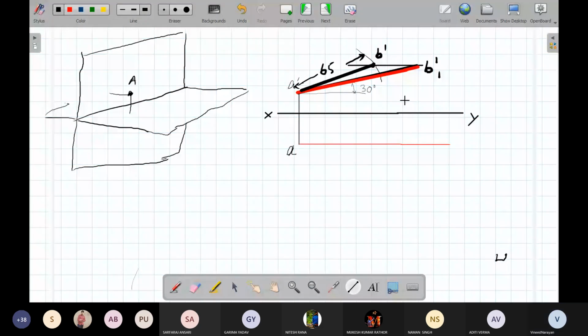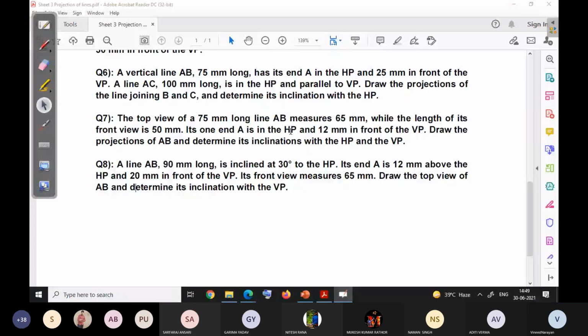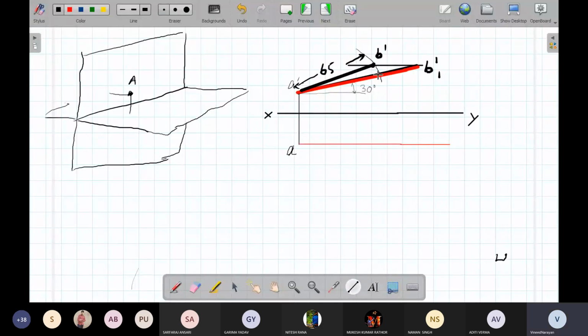Now what is given? Now one thing we can do: this arc, we can make it meet this horizontal line or this 30 degree line.